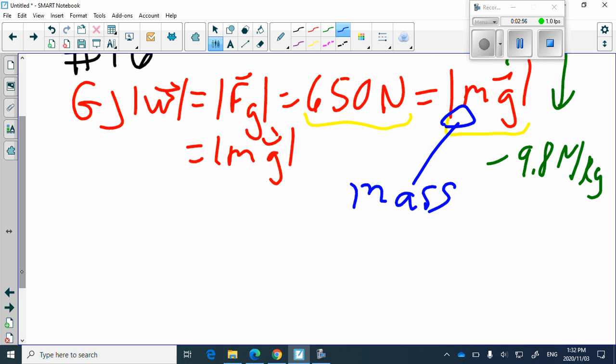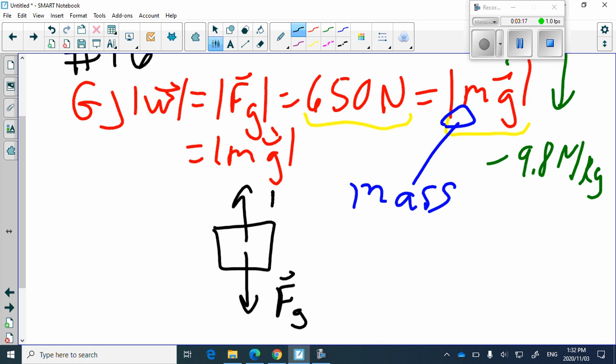we're going to draw the student. There's the student. The student trips while rollerblading and slides. While the student is sliding, there's the force of gravity acting on them. There's the normal force acting on them.